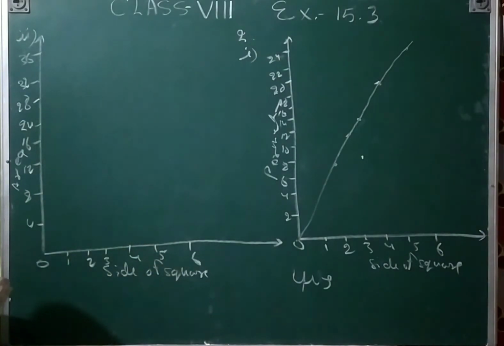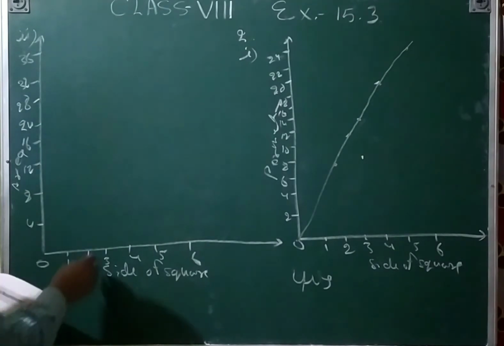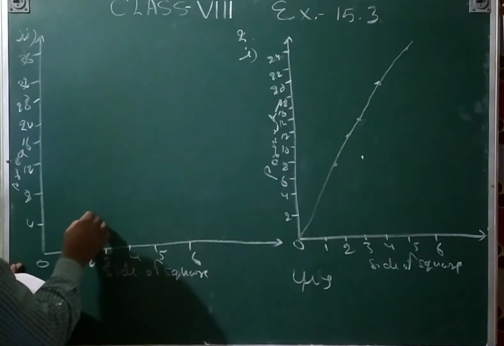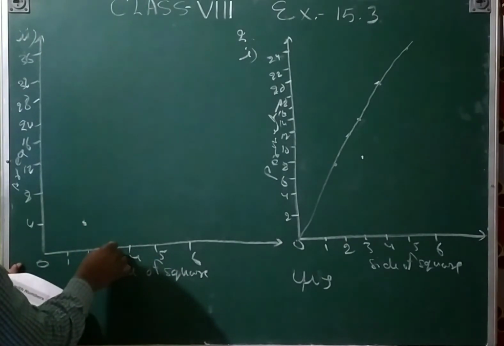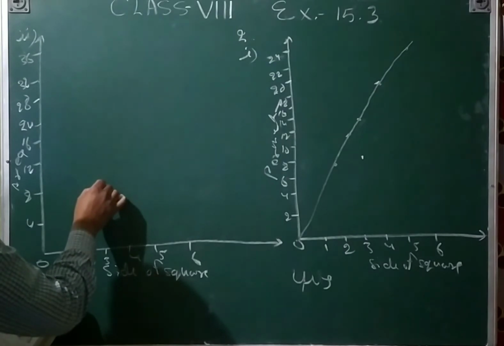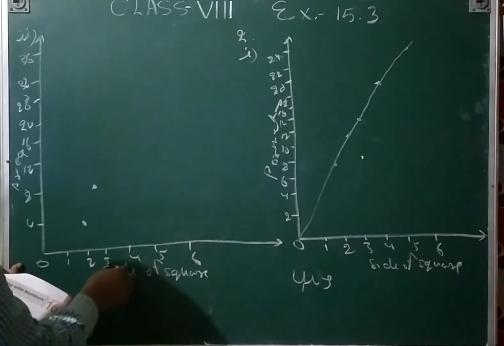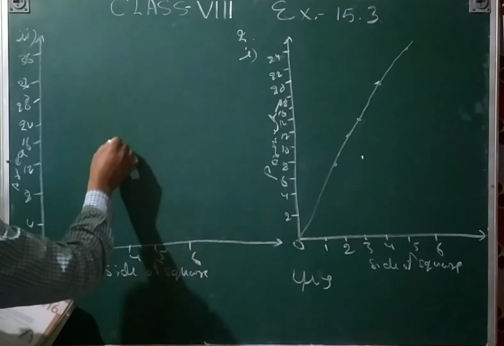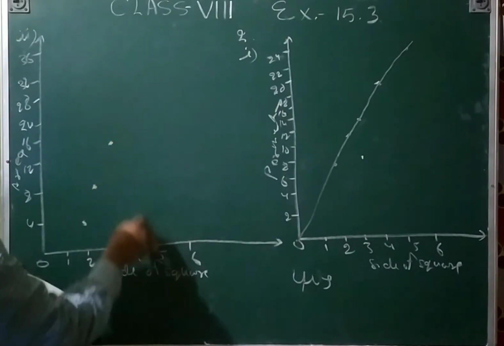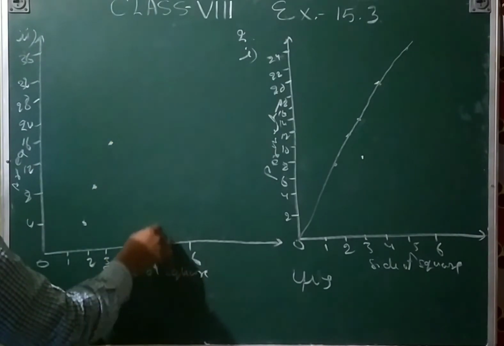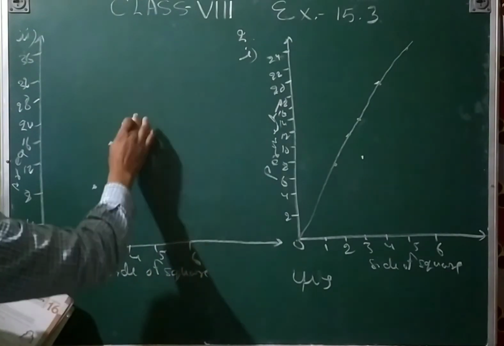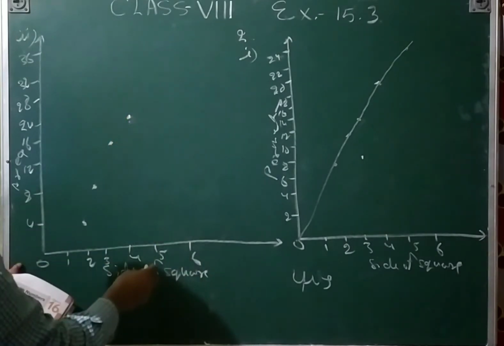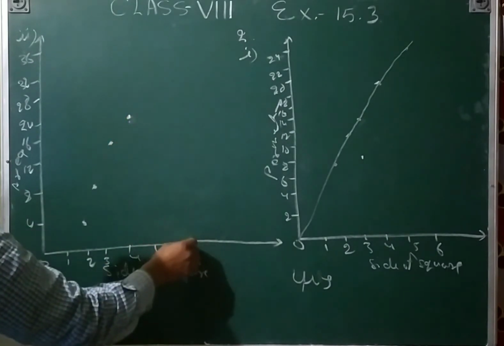And then we will see that on 2 that is 4, on 3 that is 9, 9 means just above the 8, on 4 that is 16, on 5 that is 25, just above the 24, on 6 that is 36.